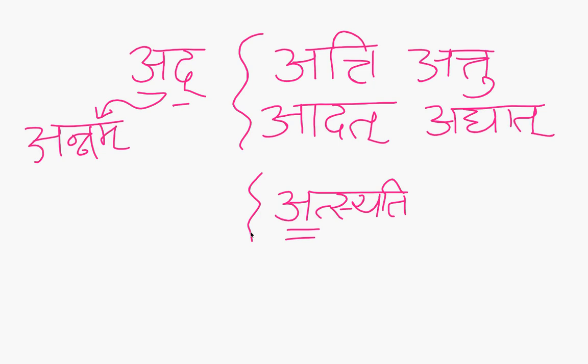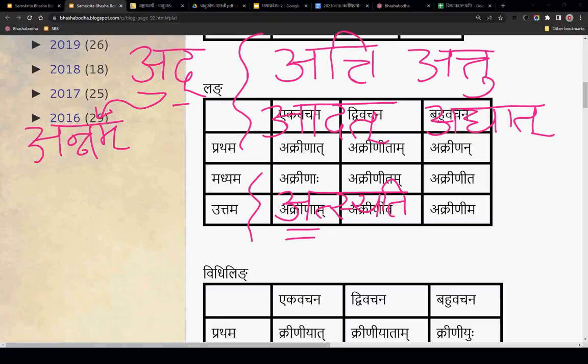Let's take the next Gana. The name of the next Gana is Juhotyadi Gana. The famous or popularly used dhatu is Da. Again, lat lakara, what is the form?